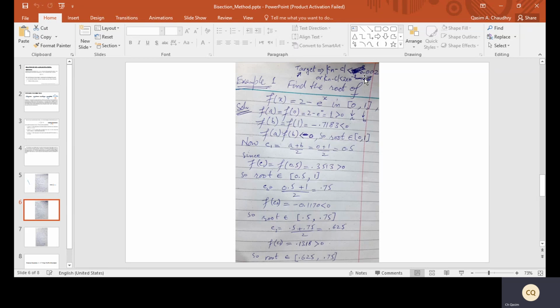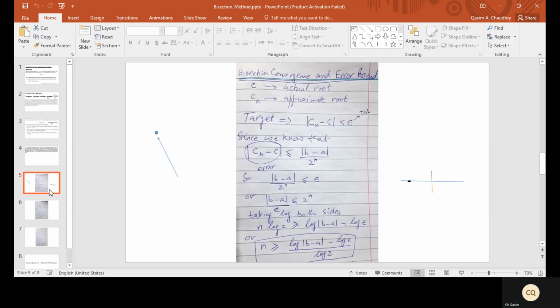Since you have the formula, let me go back. Students, here you can see that the formula is n is greater than or equal to log of b minus a minus log epsilon over log 2.